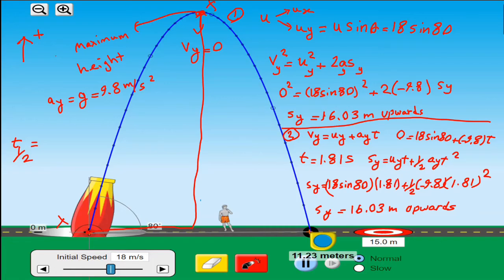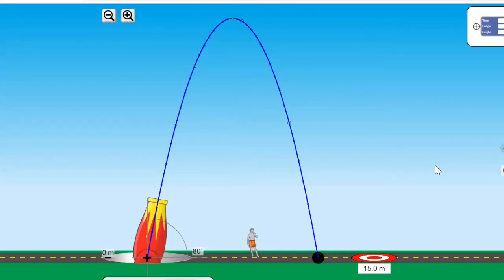Right now, let's look at the horizontal distance that our projectile traveled, or in other words, the range. The range is the total horizontal distance traveled by the projectile. So what does it mean? It means our projectile starts from this point and lands at this point.